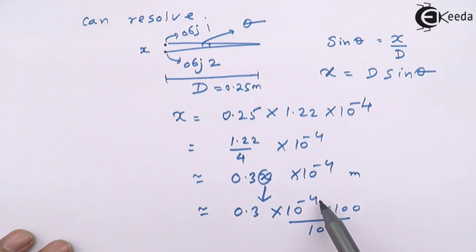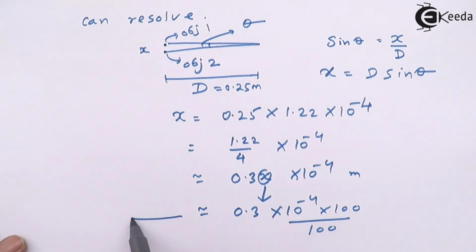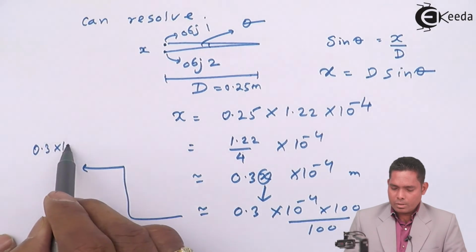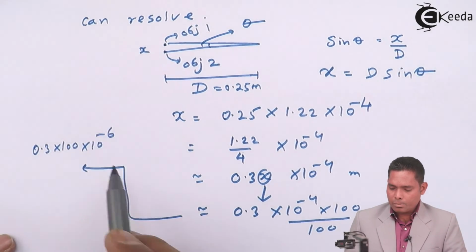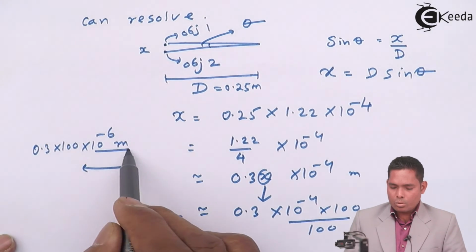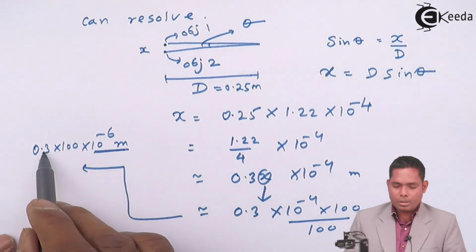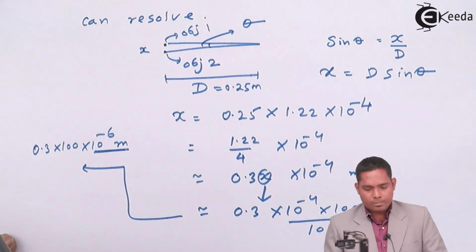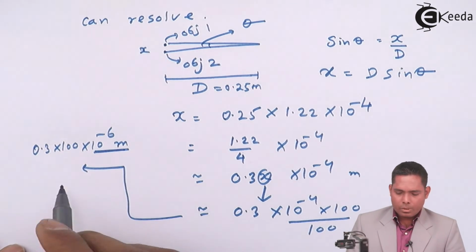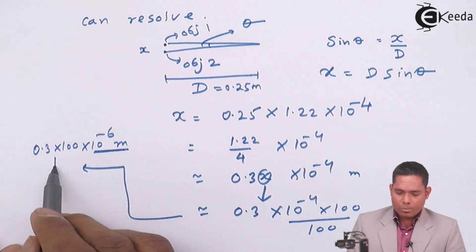So I write 0.3 into 100 into 10 raised to minus 6, because the 2 goes with the negative and becomes minus 6 meter. This together is called micrometer, and this 100 is multiplied with 0.3, so it comes out to 30.